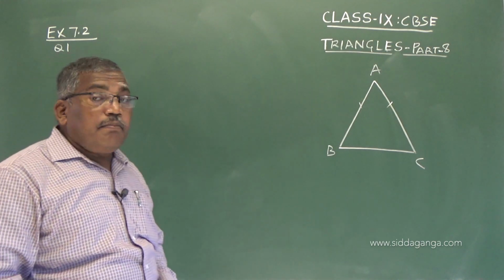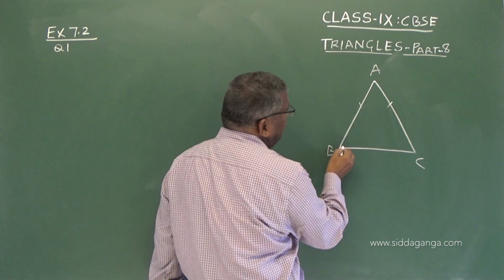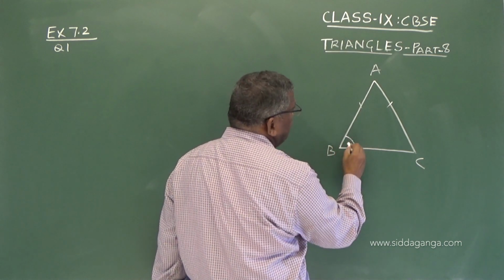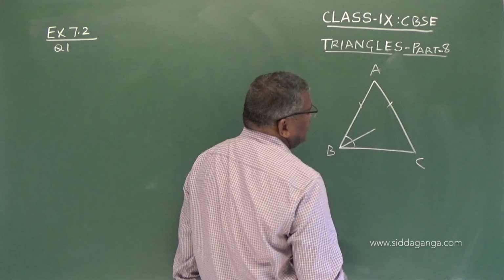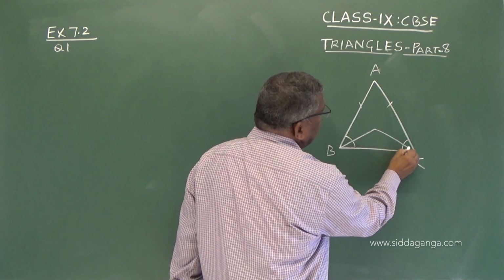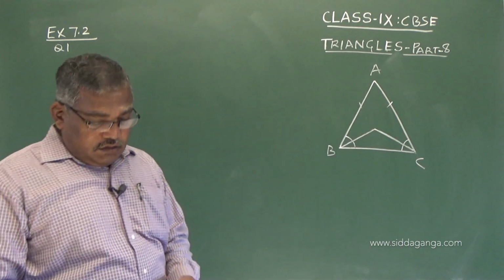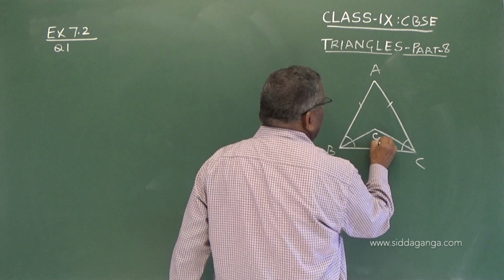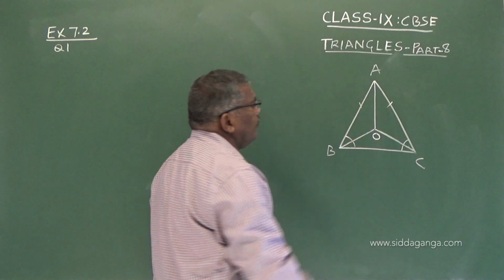The bisectors of B and C intersect at O. So bisectors of B, that means angle B is divided into two equal parts by a line that is known as bisector, and this is the bisector, let us say, and angle C is bisected by another line, and this is the line. Now the bisectors meet at O. So this point is called O. Join AO.